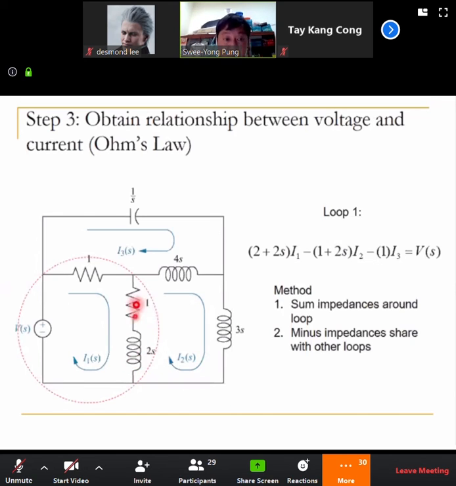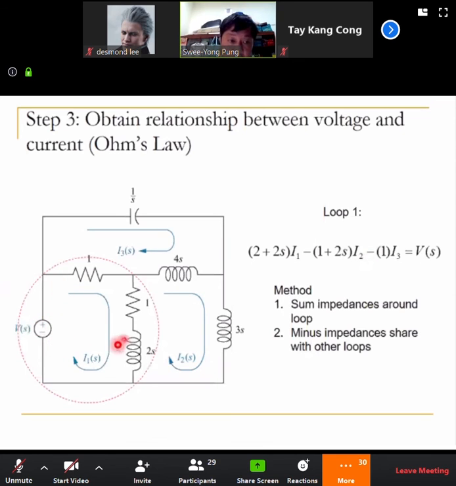So we need 1 plus 2s, bracket multiply I2, with a negative sign, because we have to minus away the shared impedance. And looking at loop 3, the one sharing with loop 1 is this component, so it's simply minus 1 multiply I3, and is equal to the input V.